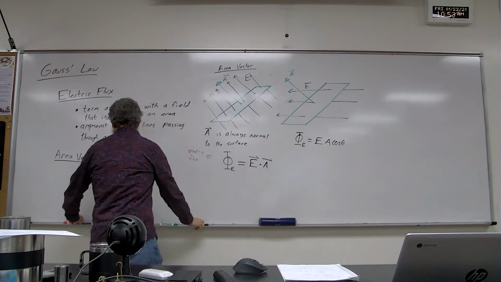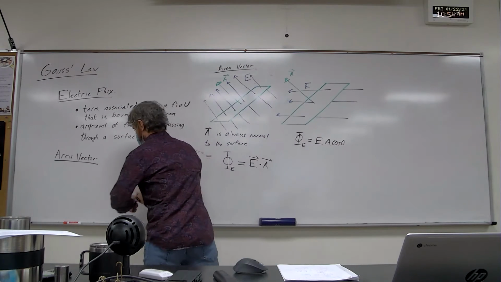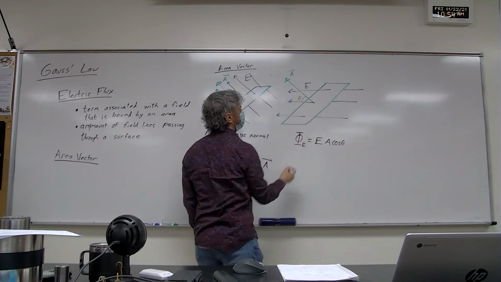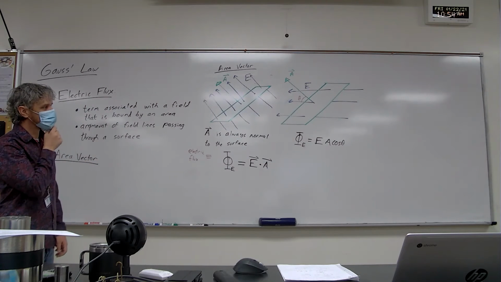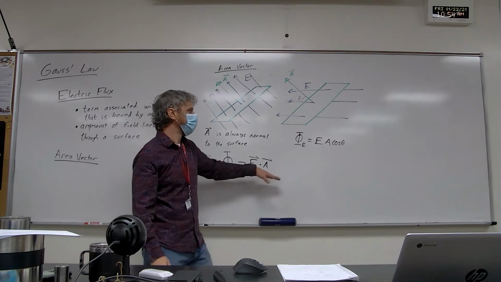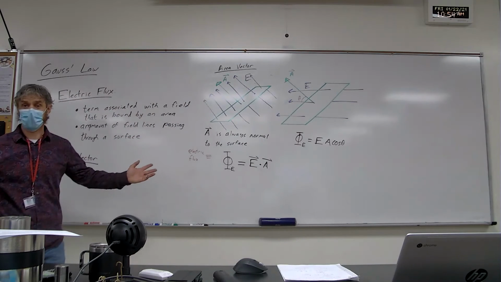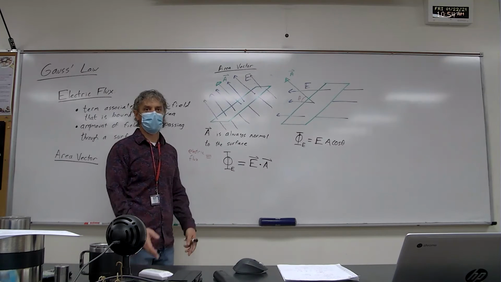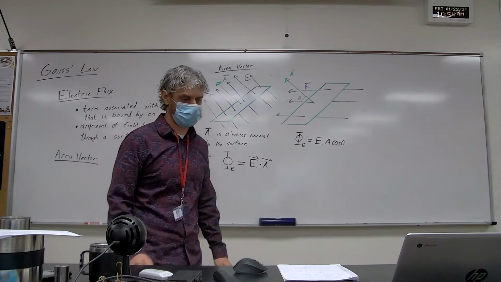Why the cosine? And what is the angle? Well, the angle is this angle right here. The angle between one of the electric field lines and the plane. So it's the same equation, but to actually compute it, we just multiply the electric field strength, which we know how to calculate now, times the area that is represented by the magnitude of the vector, times the cosine of the angle that exists between them.